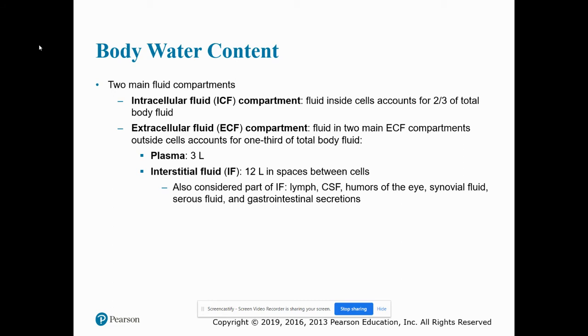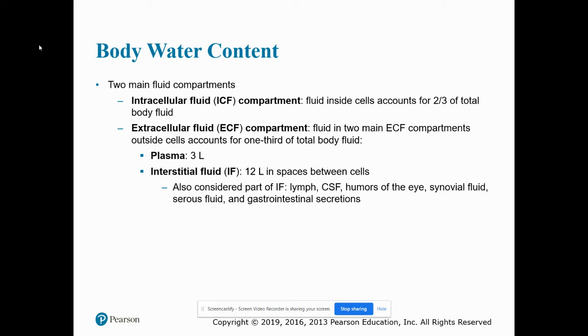There are two main fluid compartments: intracellular fluid compartment, or ICF. This is the fluid inside of the cells, and this is about 2/3 of body fluid. And then we have extracellular fluid compartment, and there are two main extracellular fluid compartments outside of the cells, and they're going to account for 1/3 of total body fluid. There's plasma.